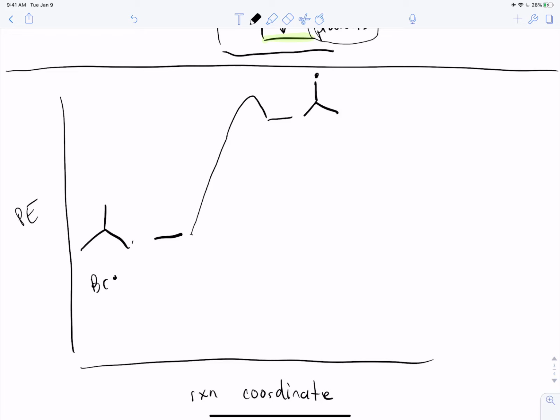Okay, so I have one product at the top. This is our high energy guy. Then I have a different product here. This is our low energy intermediate.